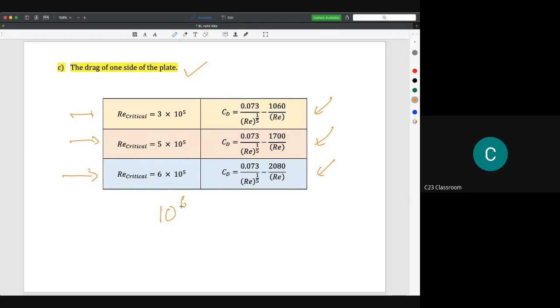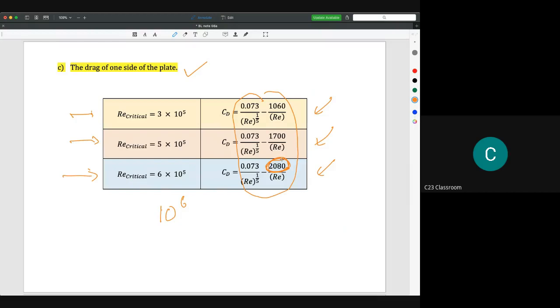So the idea is we could use this equation, but we need to change the coefficient of this one, because this coefficient is showing the effect of laminar boundary layer at the beginning of the boundary layer formation.